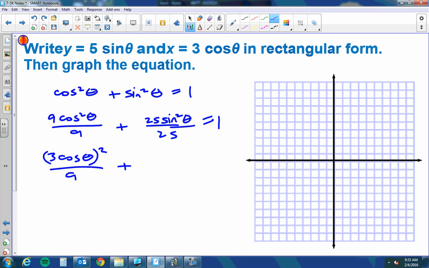And this I can write as (5 sine of theta) squared over 25. Now what? It says here 3 cosine is the same as x, so this is the same as x squared. And that's the same as y.